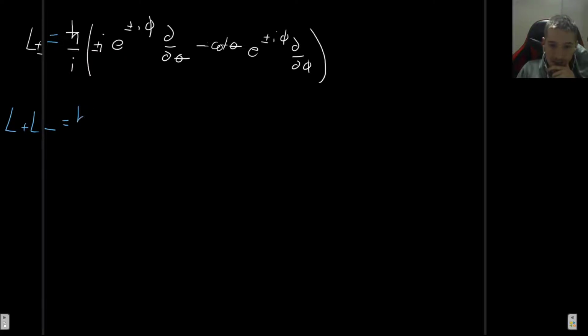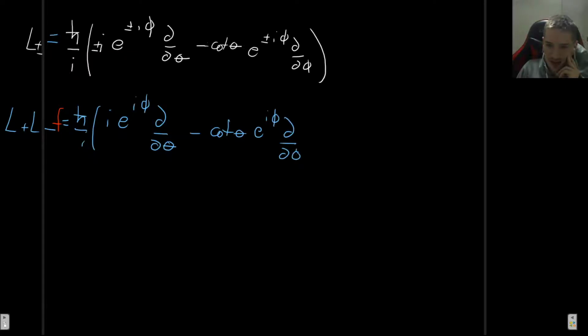Well, this is going to be h bar over i. Let me write down L plus. This is going to be a positive sign here, so i e to the i phi d theta, and by the way, remember, this is going to be acting on f. Let's not forget that. Minus cotangent of theta e to the i phi d phi.